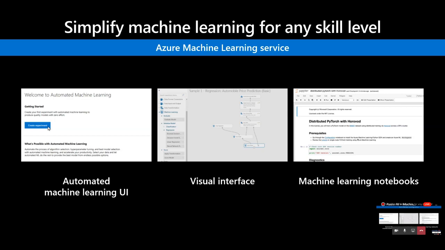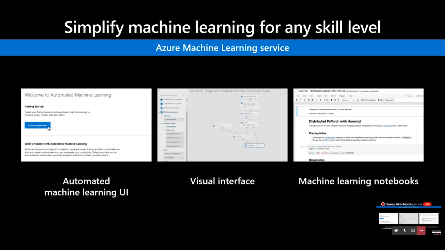One is the automated machine learning UI. We'll talk about it in more detail because it's a very interesting concept, which helps data scientists reduce the effort of retraining models until they achieve the accuracy they're looking for. Then we have the visual interface.